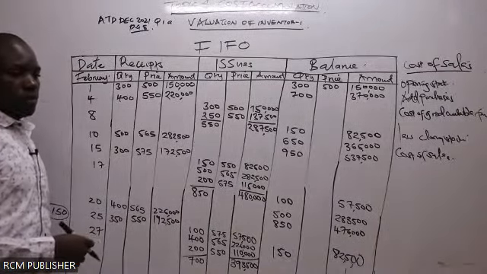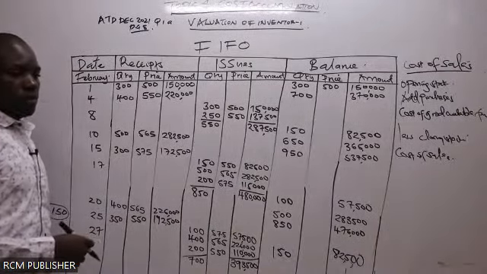We now add purchases. So on 4th, we brought in 400. This is the value. On 10th, this is the value. On 15th, this is the value. 20th, this is the value. And then 25th, this is the value. So it means our purchases will be the summation of all receipts. 220, 282,500, 172,500, 226,000, 192,500.